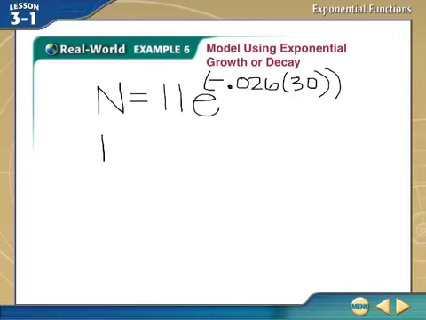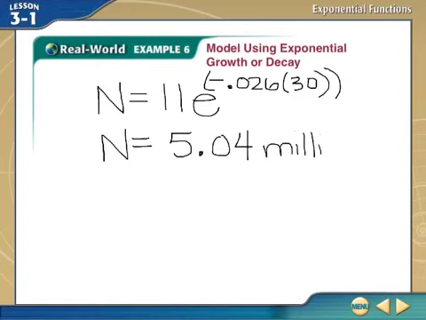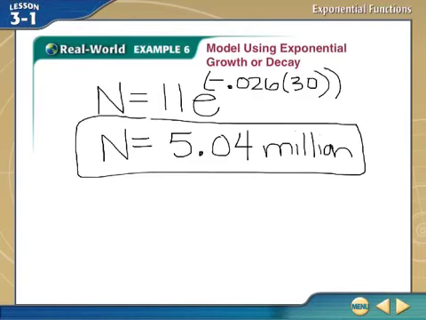And I get an N value of 5.04 million people. So just over 5 million people would be left after 30 years if our decay occurred at a continuous rate of 2.6%.